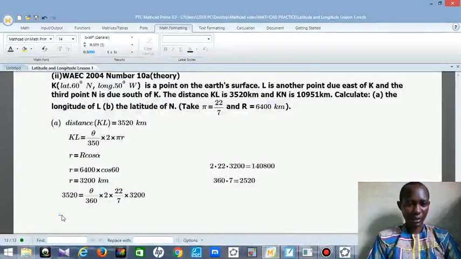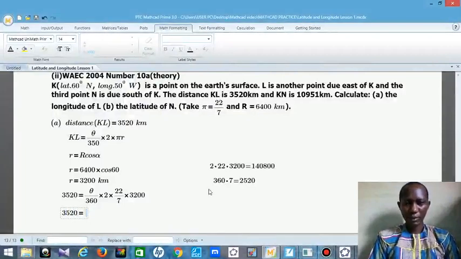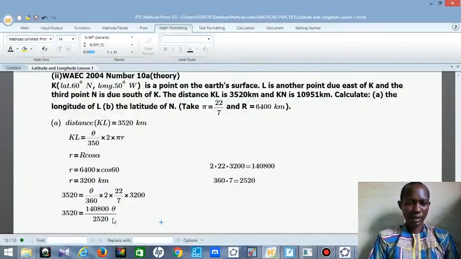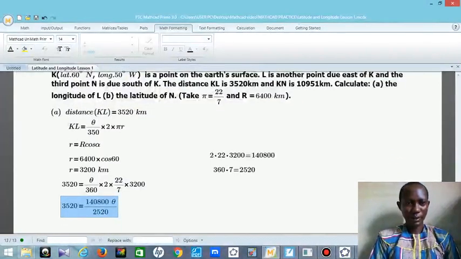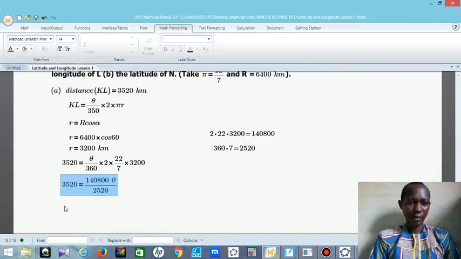So it's going to give us 3520 is equals to 140,800 theta, then divided by 2,520. So this is what we got here. Okay, let me move down a little. Then we can finish our work here.